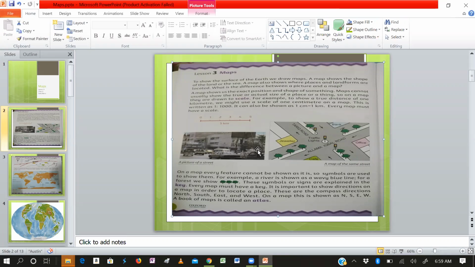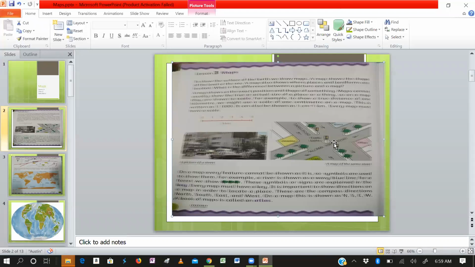If we take 2 minutes and think about the difference, we can see that a map is a kind of diagram. A diagram means that it has certain points and lines all over it. These points or lines show us the exact position, location, and shape of the places or things.